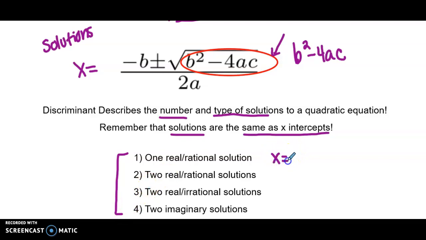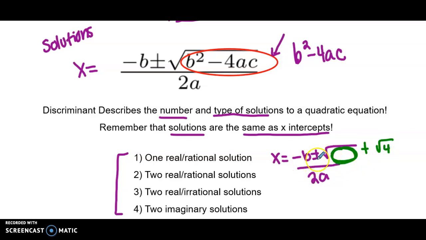In our quadratic formula, if this always is going to give us the answer to my solutions or my x-intercepts or whatever, this portion right here is always a real number, okay? Negative b over 2a is always a real number that we're going to get. However, we can get a couple of different choices under the radical. We can get a positive number that's a perfect square, such as the square root of 4.